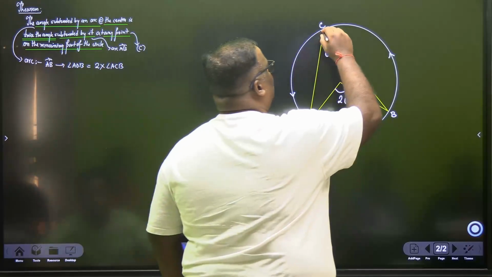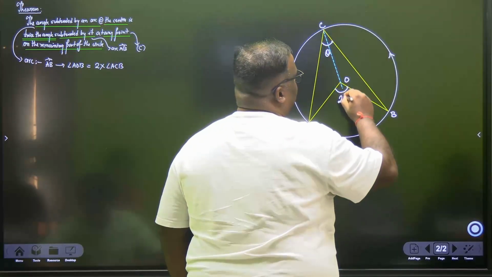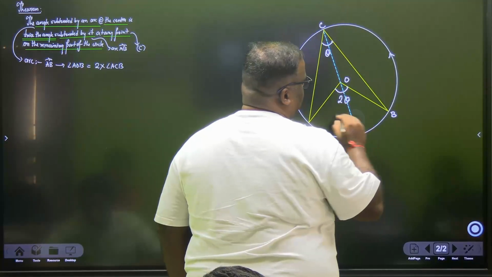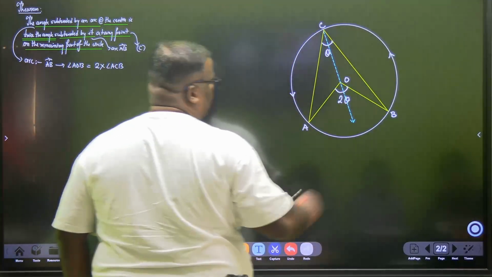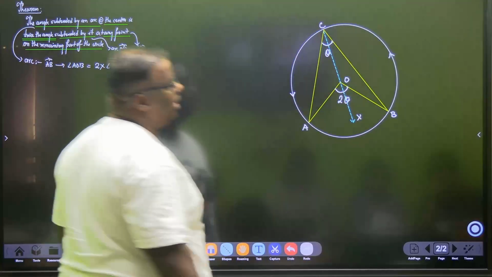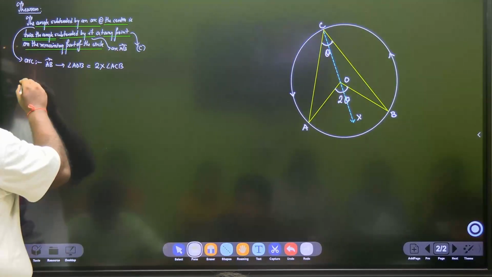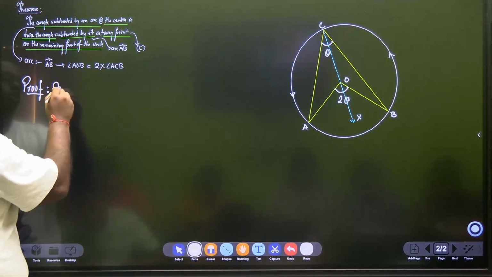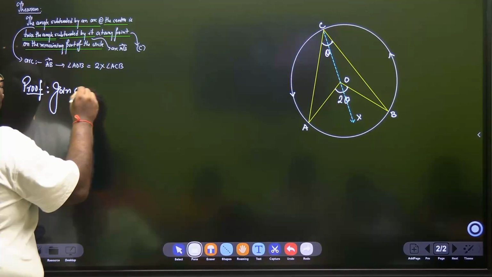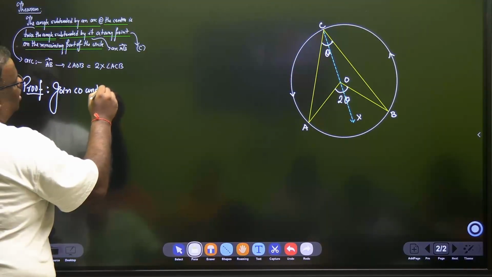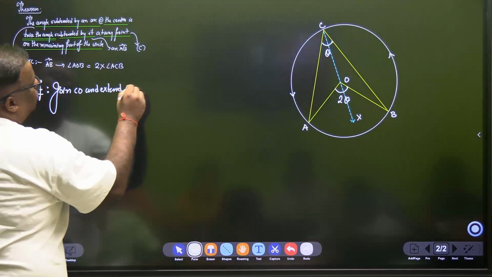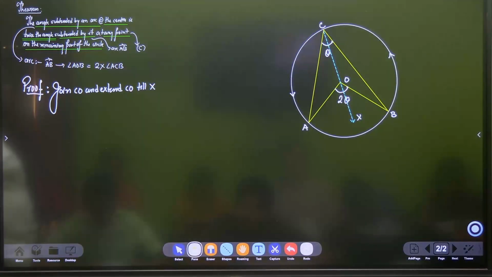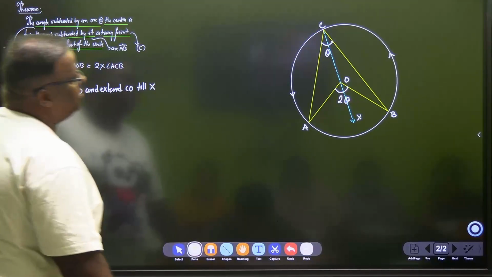Okay, for its proof, what we do, we join CO and extend it till a point X. You join CO and you extend it till a point X. Let's see the proof. Join CO and extend CO till some point X. Okay, child?